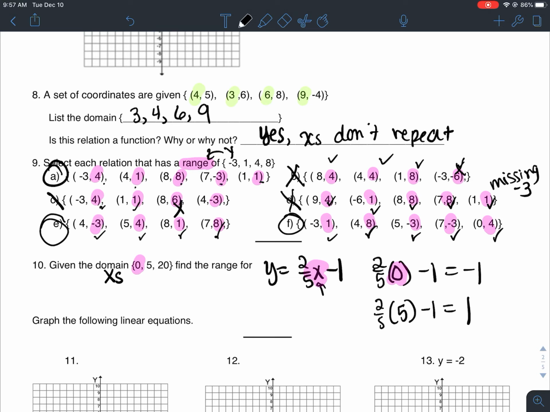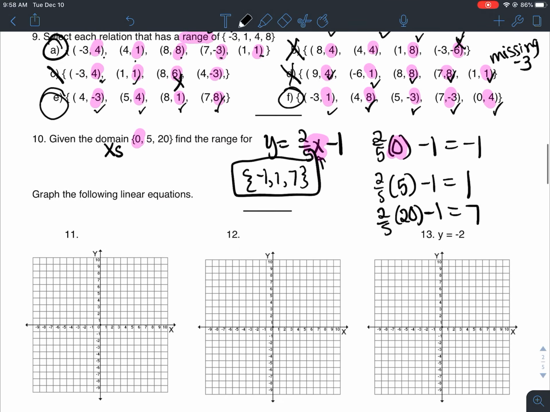And then the last one, you do 2/5 times 20 minus 1, which is 8 minus 1, which is 7. And then your answer, you're going to list all of them in order from least to greatest. And there's your answer for that one.